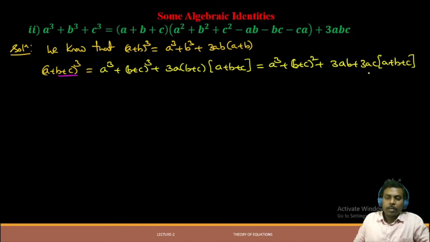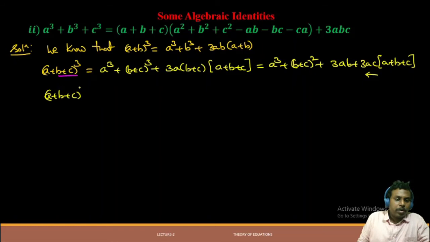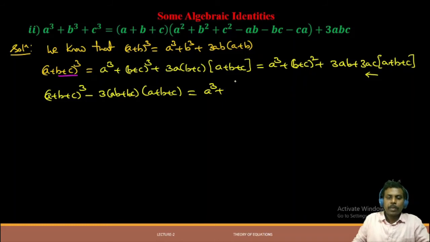Now bring this term this side, then what do I get? a plus b plus c whole cube minus 3ab plus bc into a plus b plus c is equal to a cube plus, now this b plus c whole cube can be written as b cube plus c cube plus 3bc into b plus c.